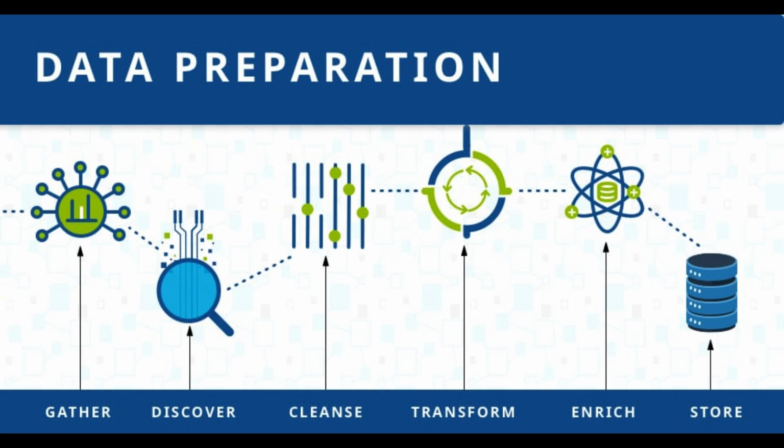Data preparation resolves these issues and improves the quality of your data, allowing it to be used effectively in the modeling stage. Data preparation involves many activities that can be performed in different ways. The main activities of data preparation are data cleaning, fixing incomplete or erroneous data. Data integration, unifying data from different sources.